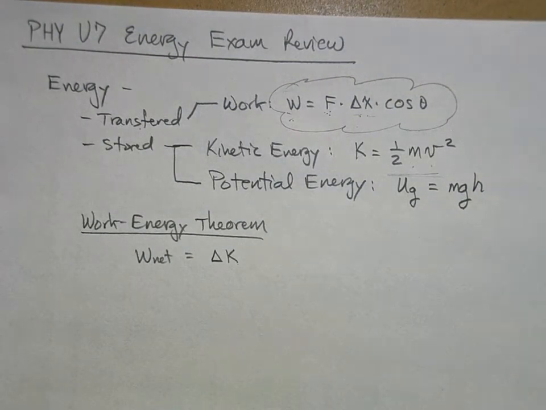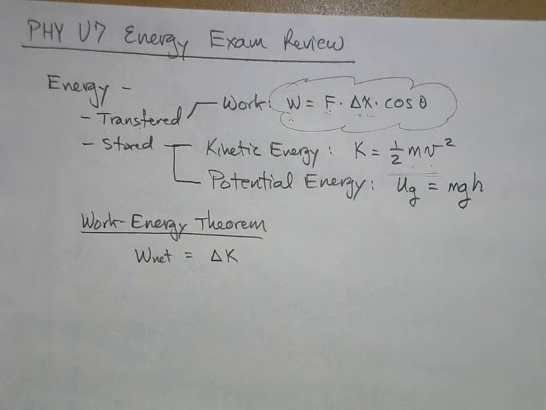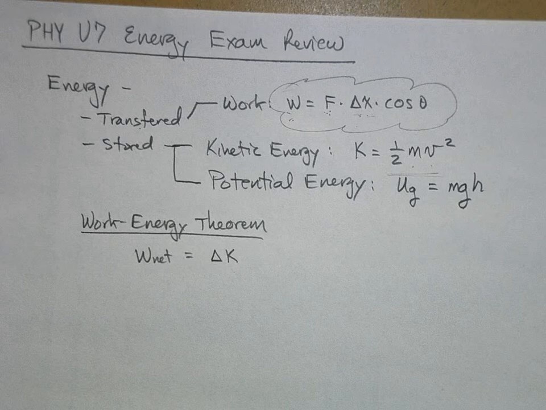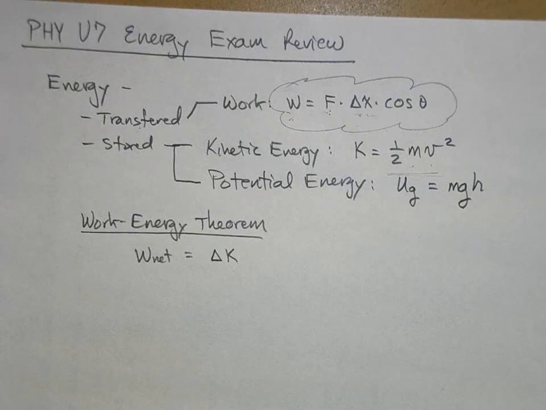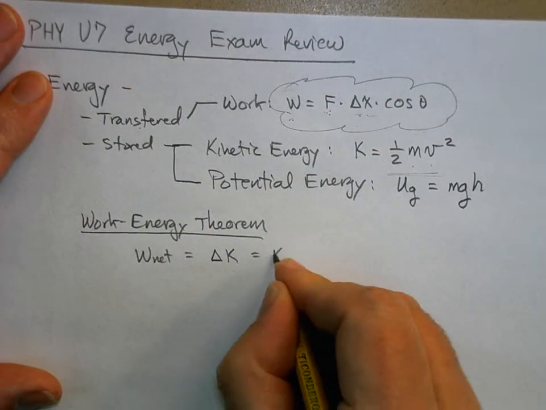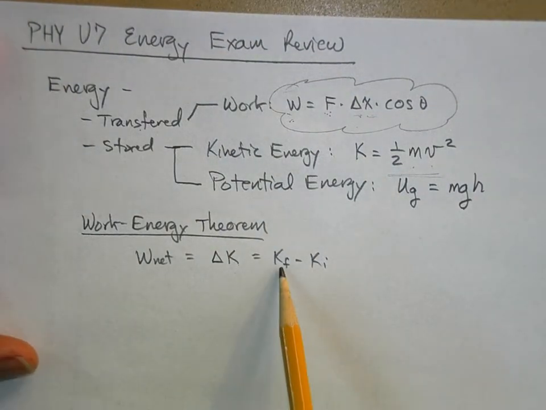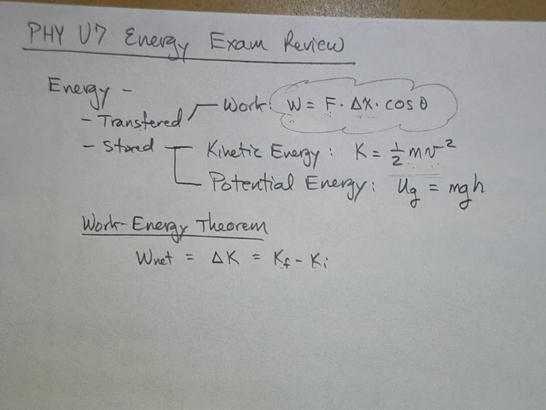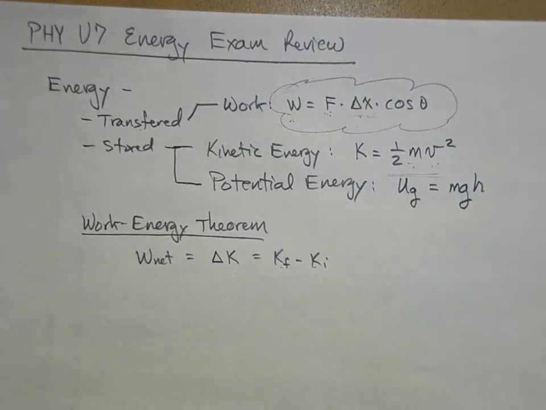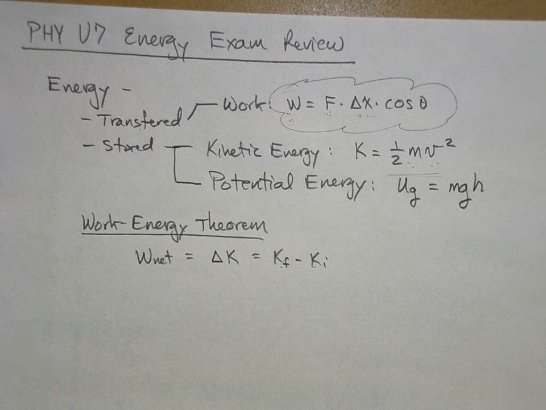So if I give you a net force, and that net force does some work, the result of that work is a change in kinetic energy. Right? This is K final minus K initial. And of course K is equal to 1/2 mv squared. So if I give you a net force, I tell you a displacement, you figure out how much work was done, you can figure out what the change in kinetic energy is, and then you can solve for velocities or whatever you're being asked for.